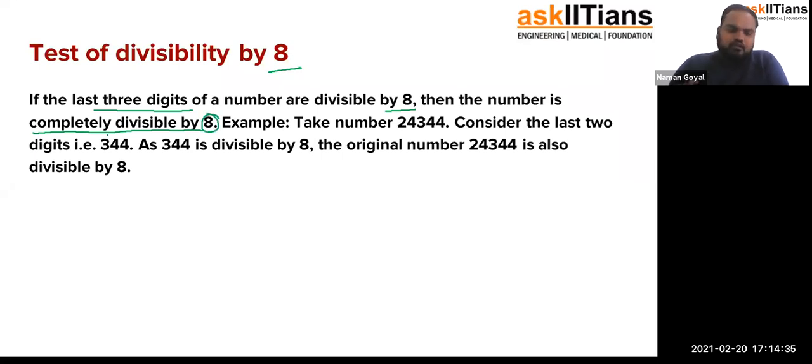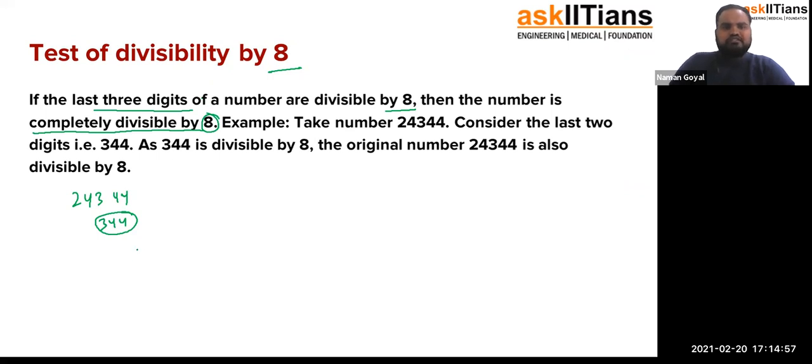Okay, for example, if we take 24344, what we have to check is 344. See, the last three digits are 344. So we have to check whether 344 is divisible by 8 or not.